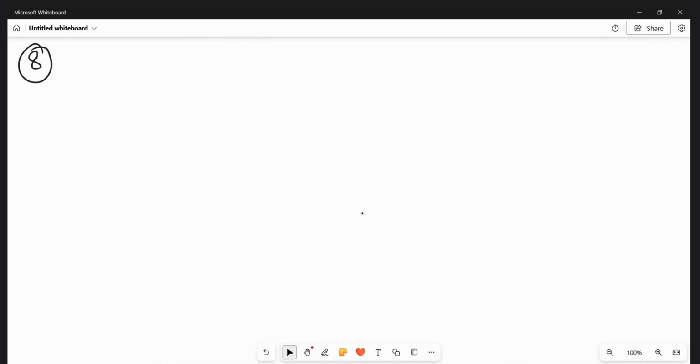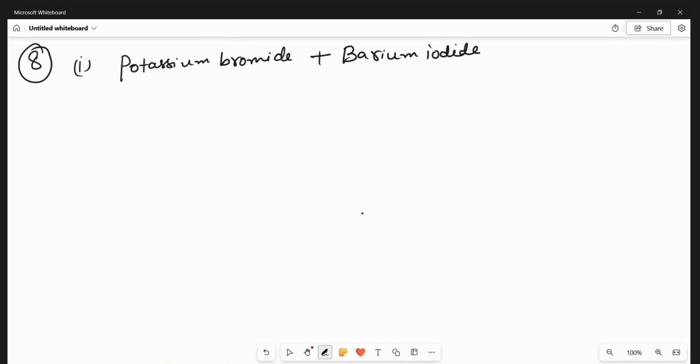Write the balanced chemical equation for the following and identify the type of the reaction in each case. First one, potassium bromide plus barium iodide.